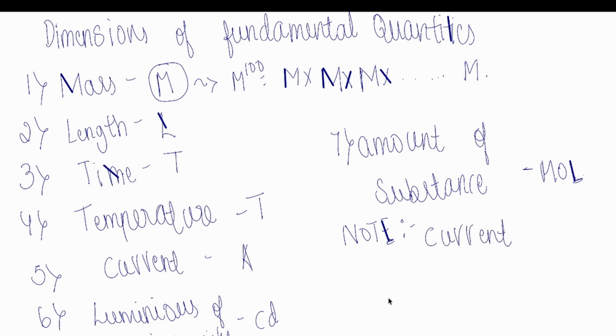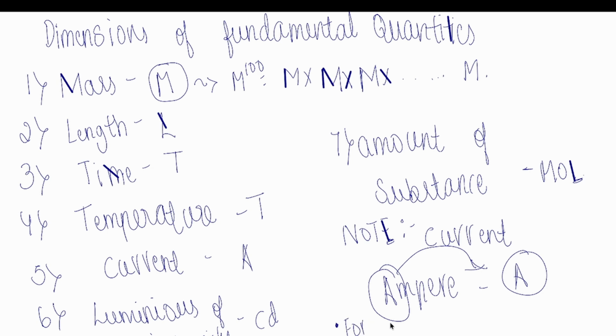We know the unit is ampere and the dimension is A. So what we can infer from here is that for fundamental quantities, the dimension is the first letter of that unit.